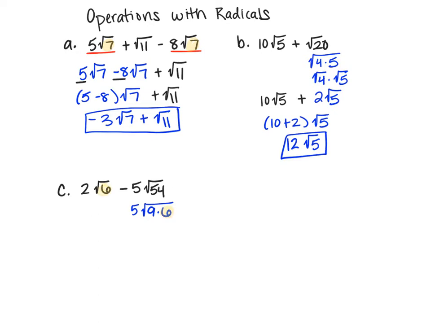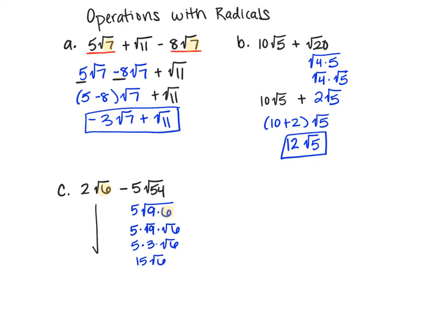So let's work on simplifying this root 54. So we know it's 9 times 6. Okay, so the square root of 9 is 3, so we're going to have 5 times root 9 times root 6. Root 9 is 3, so we have 5 times 3 times root 6. That will give me 15 root 6.